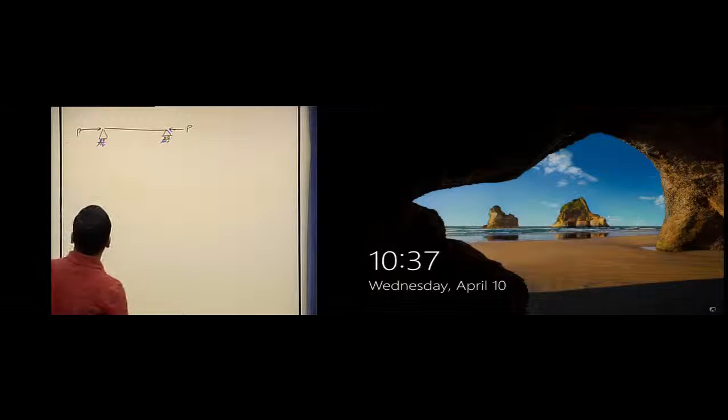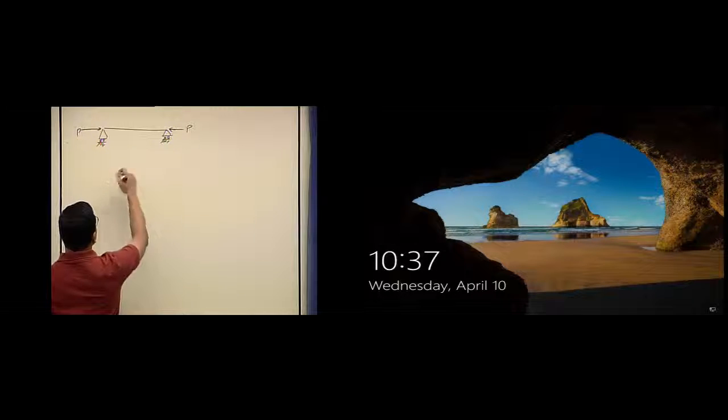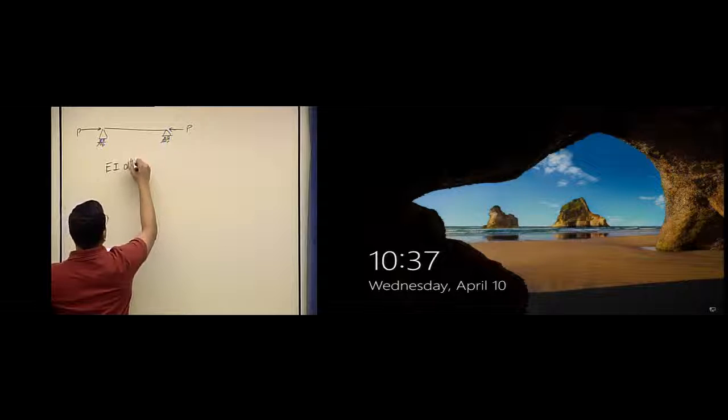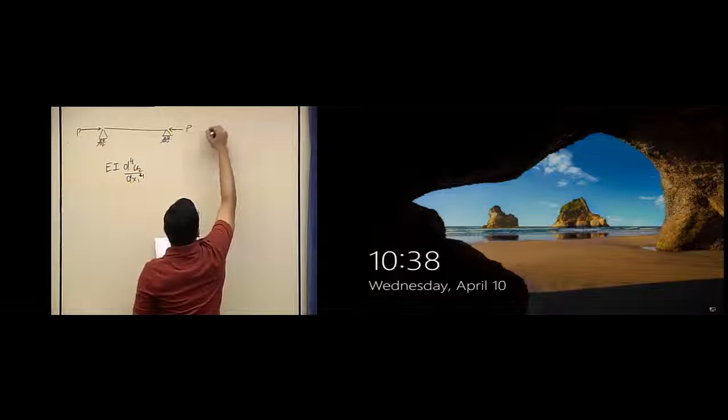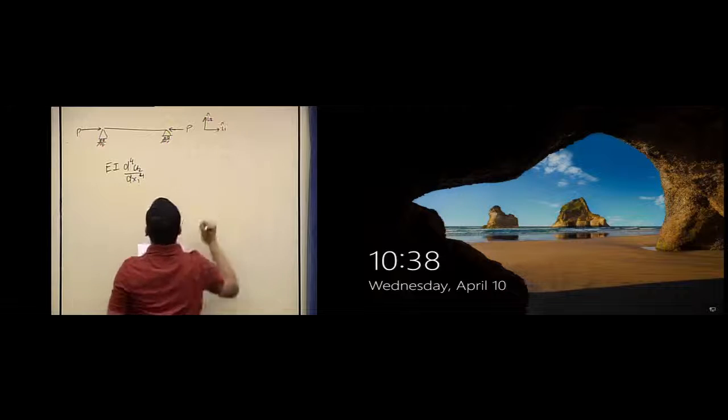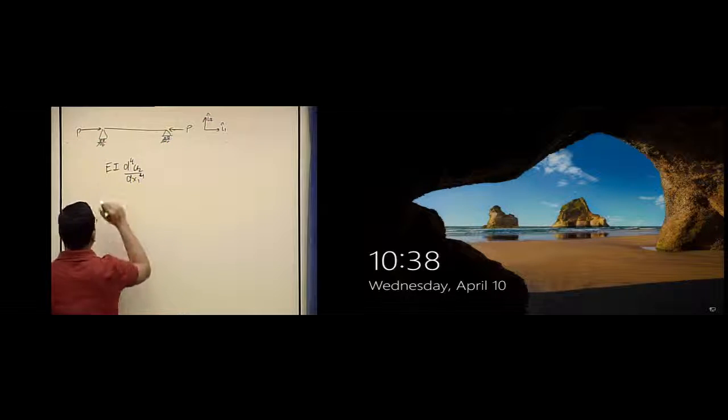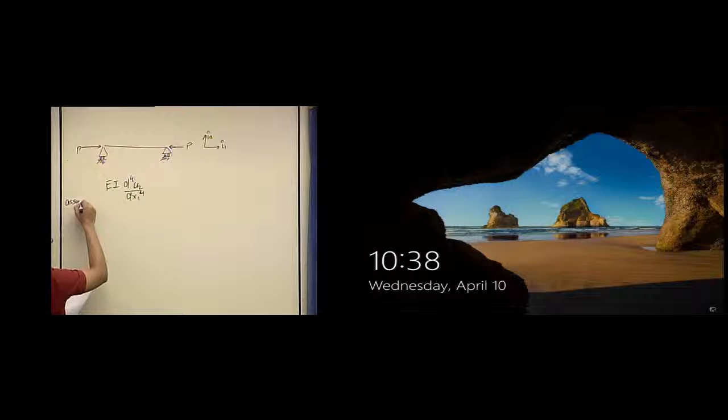Okay. So now we will write the governing differential equation: EI times the fourth order derivative of u2 with respect to x1. This is my coordinate frame, and I'm assuming that EI is constant along the length.